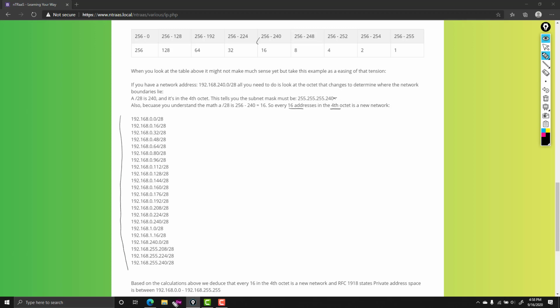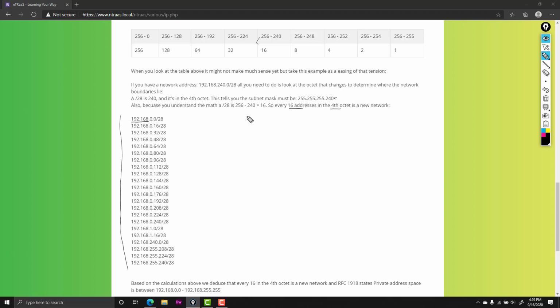Because we have a class C IP address, it starts with 192.168 and doesn't change all the way down. But you'll notice the 3rd and 4th octets can be changed.